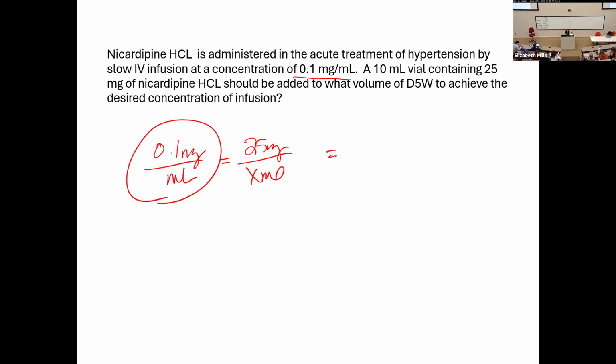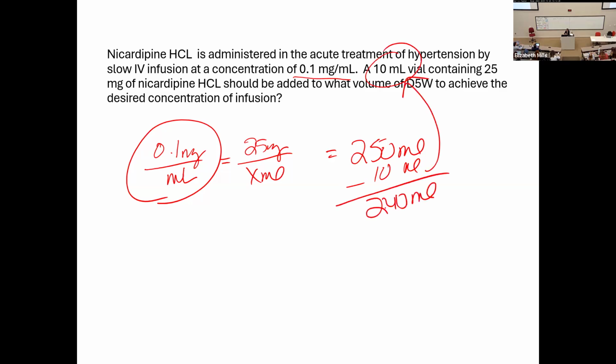It should be 250 mLs total volume. But we probably subtract out the 10 mL vial to keep our concentration the same, so we would only need 240 mLs of D5W, because we're adding a 10 mL vial of nicardipine, which holds the 25 milligrams.